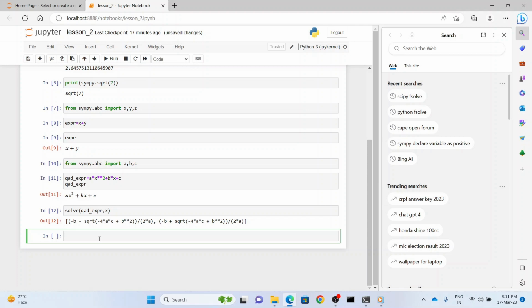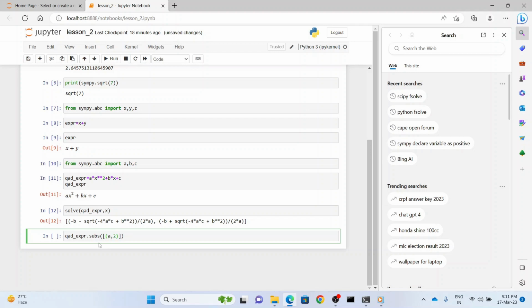Now let us say we want the value of roots of a particular equation where the values of a, b and c are supplied. So let's take an example for this. So what we do here is we write quad expr dot subs, that is short for substitute, and we substitute the values of a, b and c.